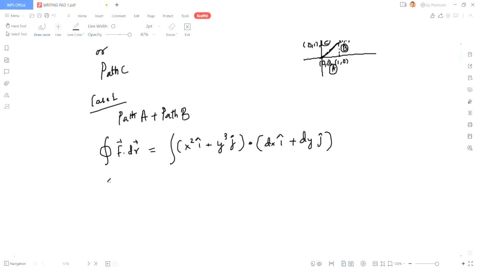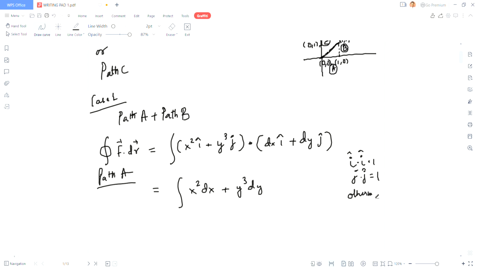Suppose we select path A. When we solve this, it will come as x square dx plus y cube dy, because i dot i is equal to 1, j dot j is equal to 1, and otherwise, any other combination is 0.